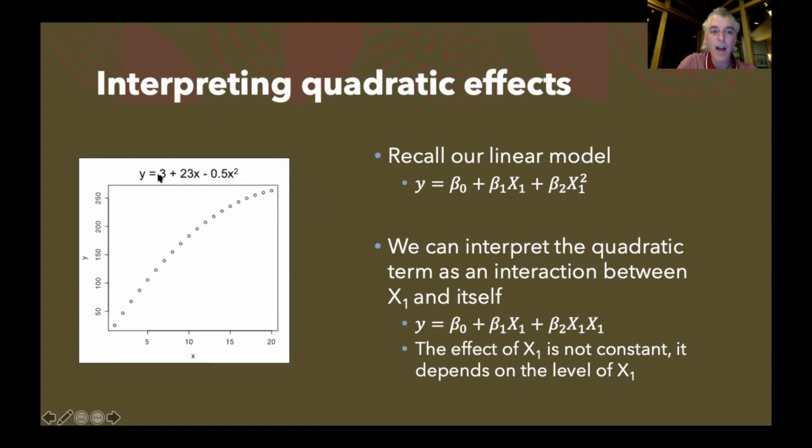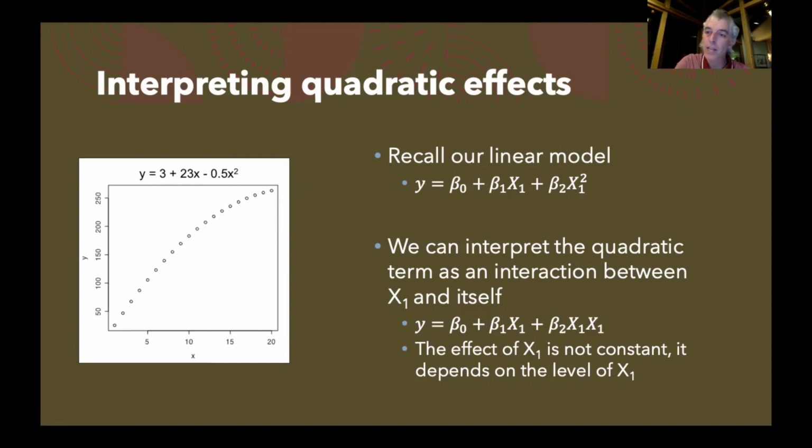And you can see that from the parameters of our linear model that I've indicated above here. We have an intercept of 3. We have an effect of our x predictor of 23. But as we get increasing values of x, this slope of 23 starts to decline and decline. And that's what's represented by our quadratic term.